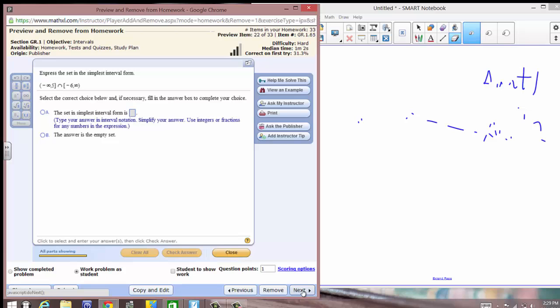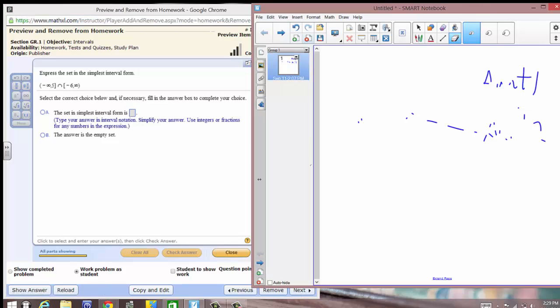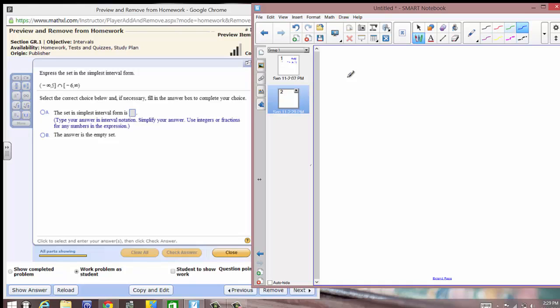So let's take a look at this one. So what we have is the interval negative infinity to 5 intersect negative 6 to infinity.